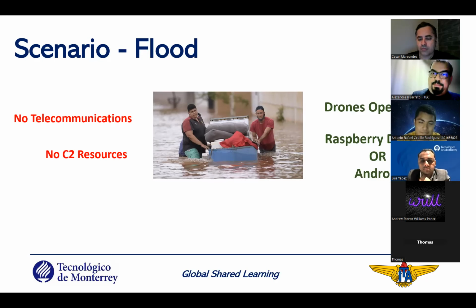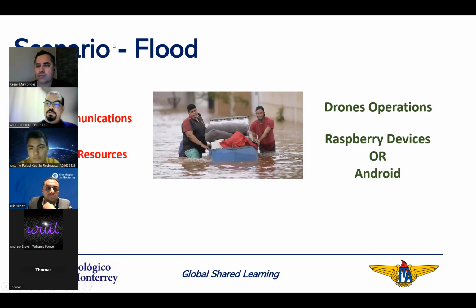But in the beginning of the operation, you don't have C2 resources. And the technology that you plan to use is the drone to support this operation. I believe the Brazilian guy, remember, what's the name?